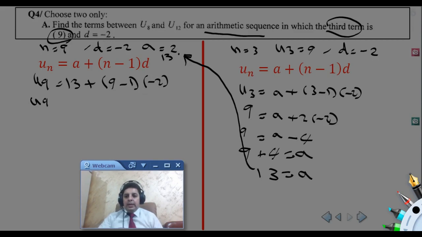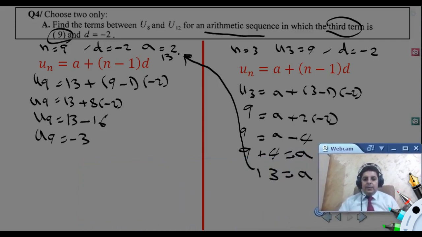U9 equals 13 plus 9 minus 1, 8 times negative 2, U9 equals 13 minus 8 times 2, 16, then U9 equals 13 minus 16, negative 3.